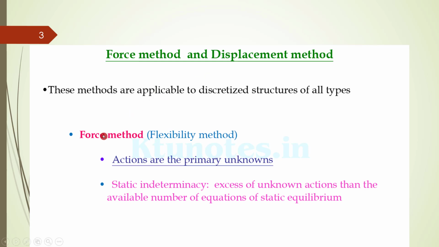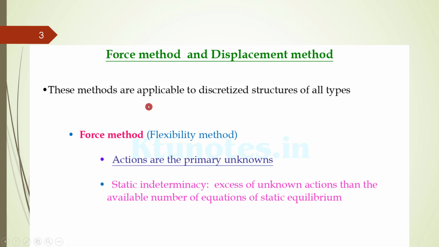So in the case of the flexibility method, it is also called the force method. The actions are the primary unknowns. So we don't know the reactions and also the forces.